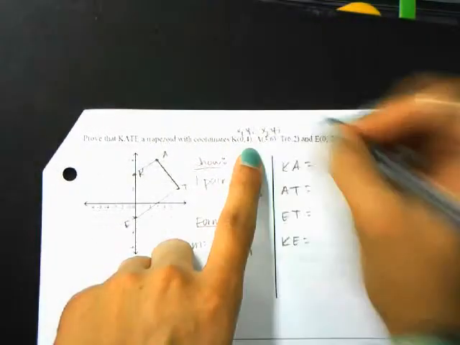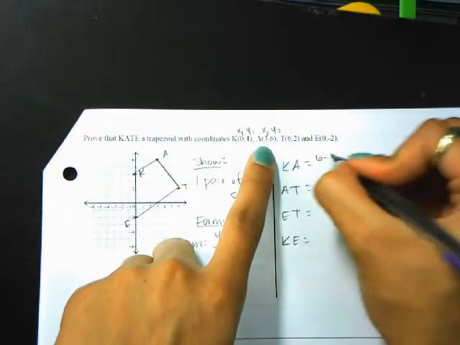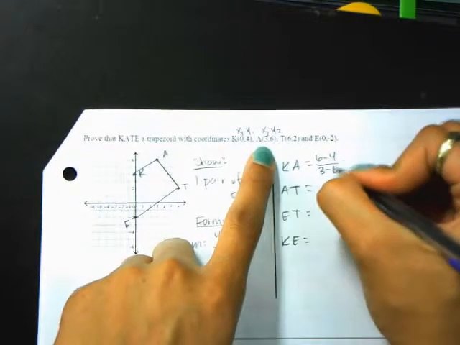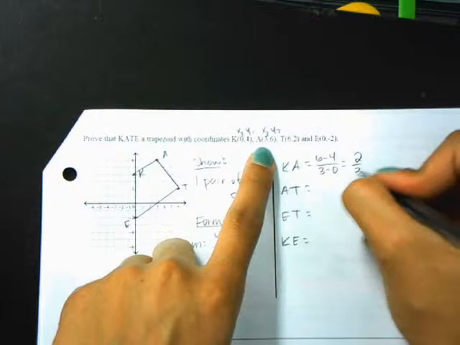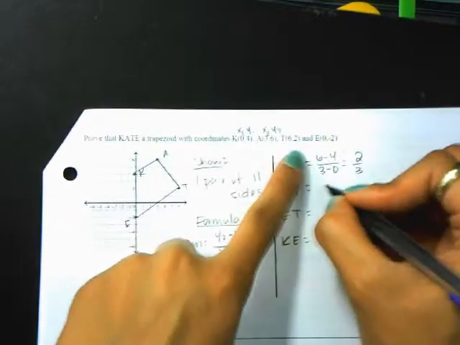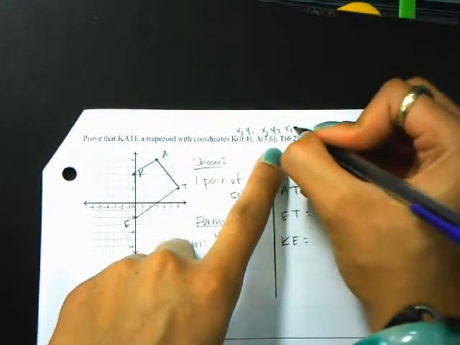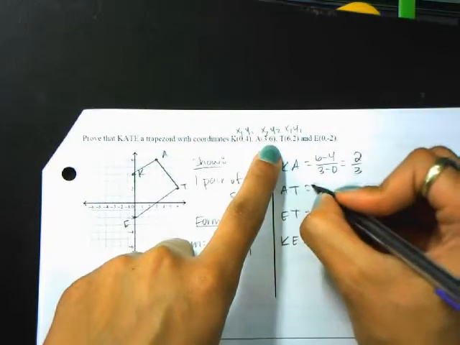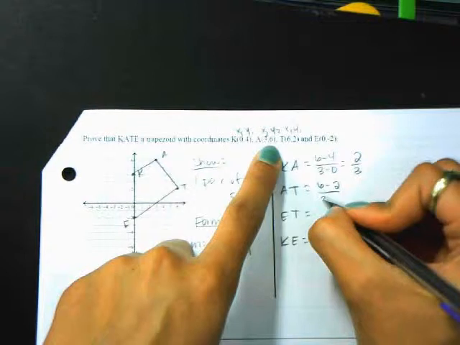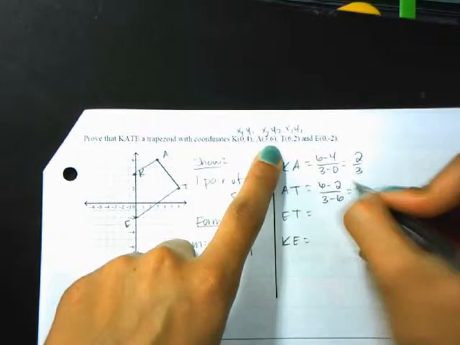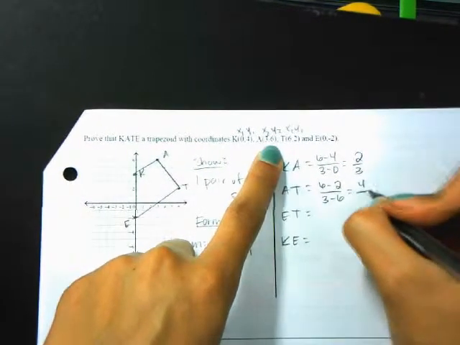Next one, ET. I got negative 2 minus 2, and then I get 0 minus 6. Negative 2 minus 2 is negative 4. 0 minus 6 is negative 6, and a negative divided by a negative is a positive.